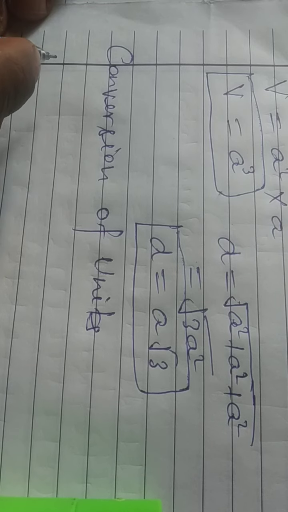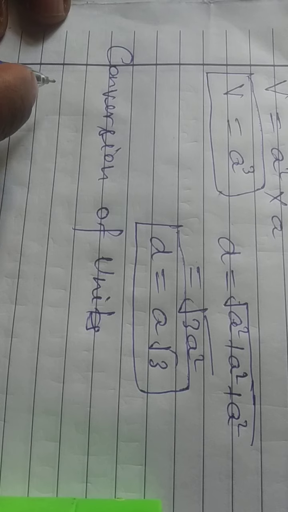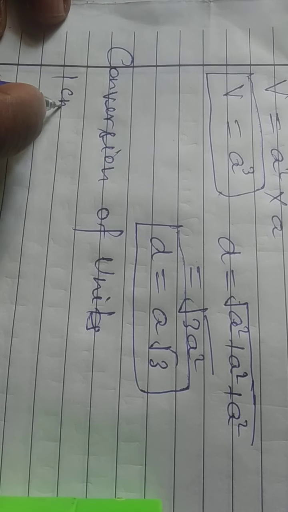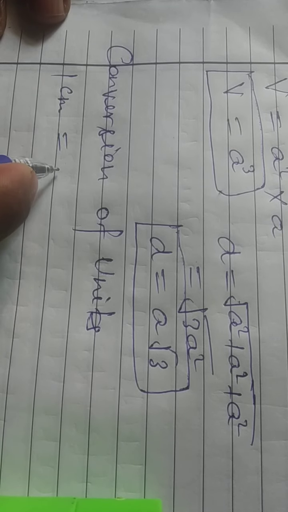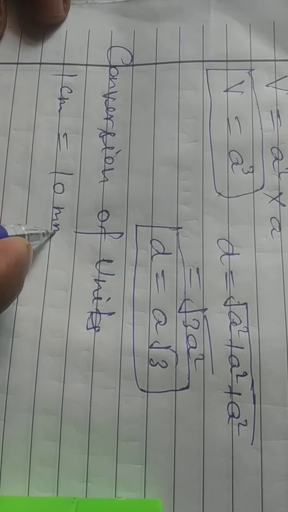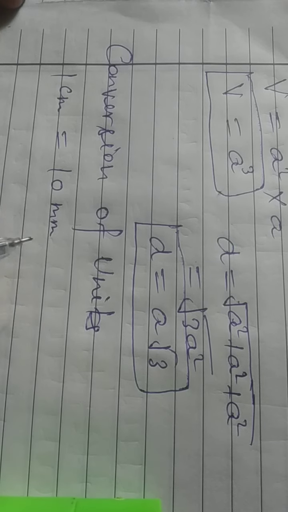Let us take the length unit given in centimeter, and we know that 1 centimeter is equal to 10 mm.